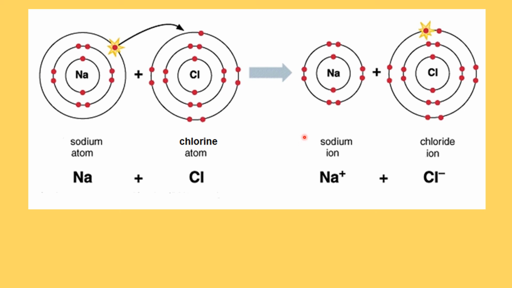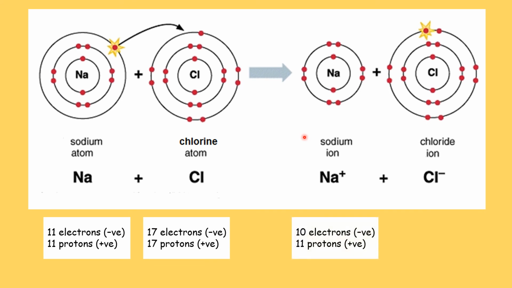And when we look at the numbers of protons and electrons, what we see is that in the left-hand side, our atoms, the number of protons and electrons are always equal, whereas on the right-hand side for our ions, that imbalance is now present, which is why we have ions rather than atoms.